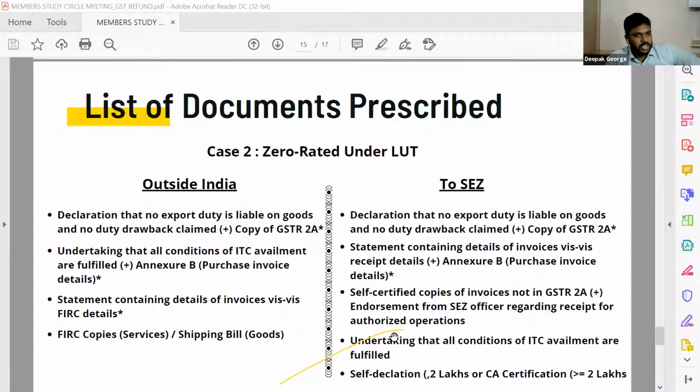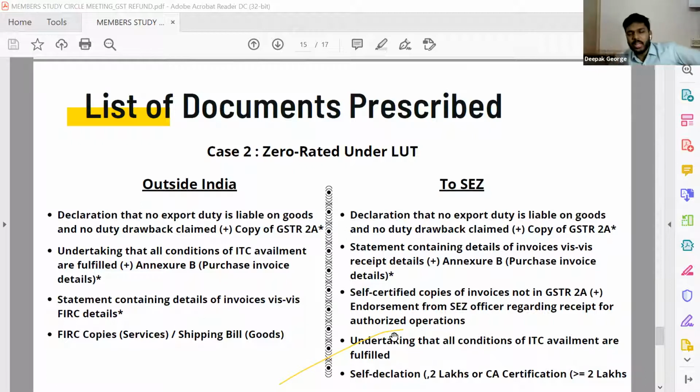Then again, a statement same as above, an undertaking that you fulfilled all the ITC conditions as per Section 16, a copy of GSTR-2A, and a declaration that the goods exported are not liable to export duty, excise duty, customs duty, or any kind of duty drawback.